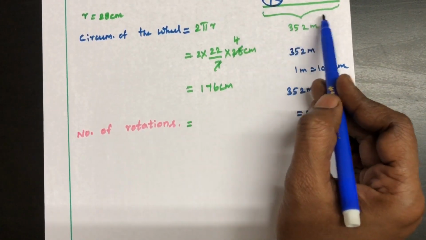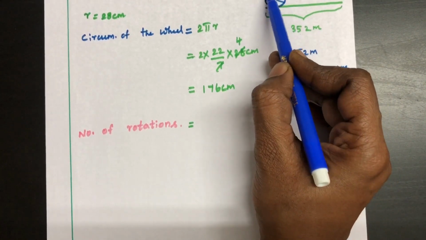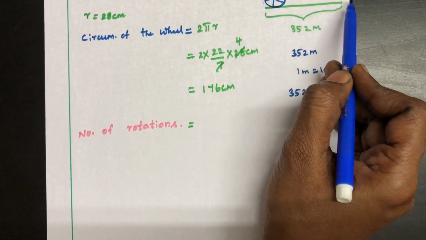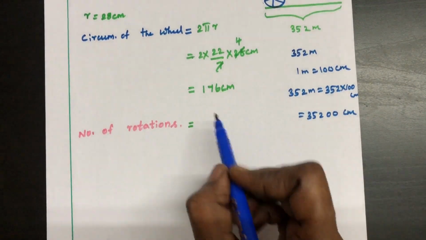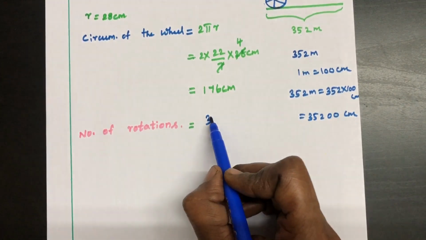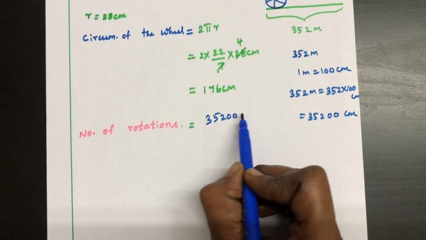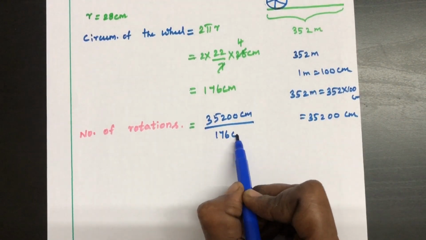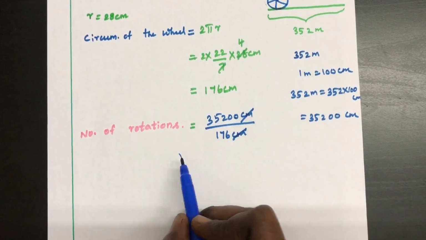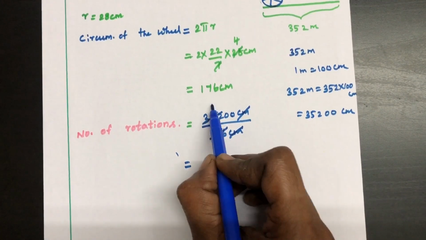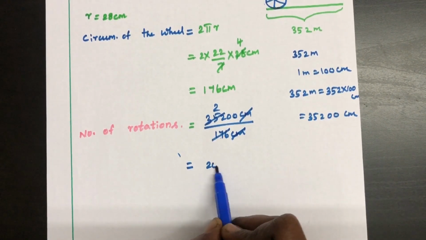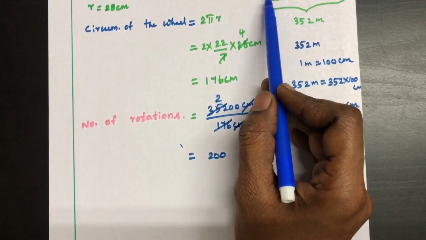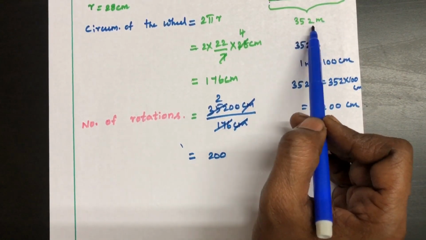If you divide this whole length by this length, which is nothing but the circumference of the circle, it will slowly move and come here, right? So full length 35200 centimeter divided by this length 176 centimeter. Centimeter and centimeter will go. 176 twos are 352, so 200. 200 rotations are required for the wheel to pass this distance of 352 meter.